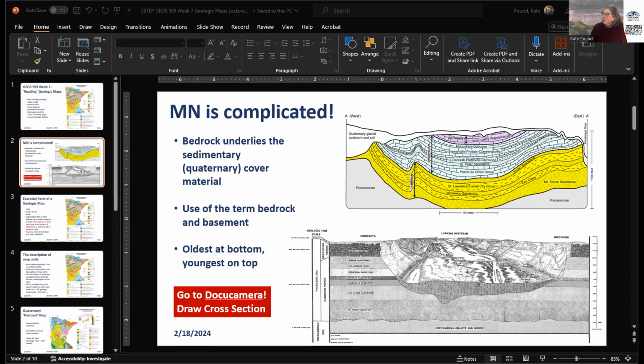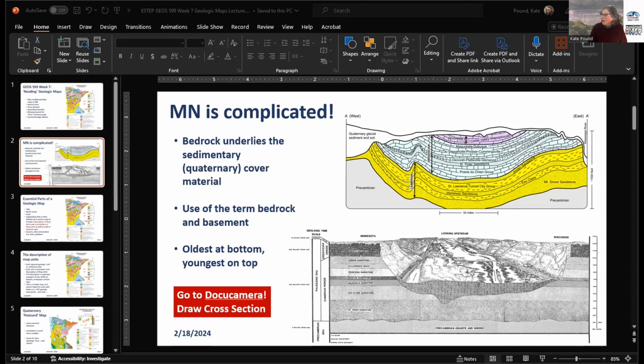And the uncolored area where it says Quaternary glacial sediment and soil, that's all the sediment that's on top of the bedrock. And in this case, the purple, blue, and yellow layers that have been a little bit folded and deformed are all bedrock. These are layers of sedimentary rock that all have their distinct characteristics.